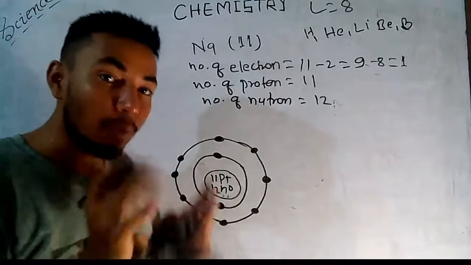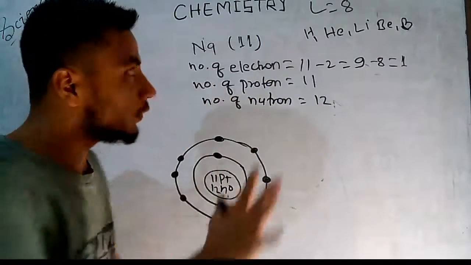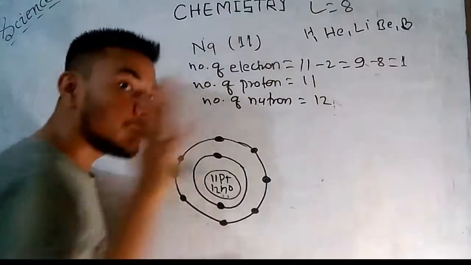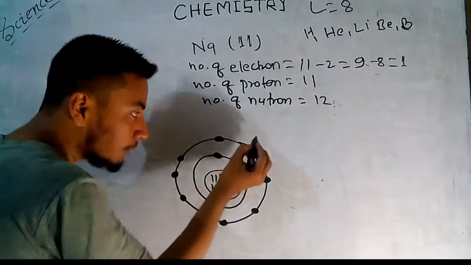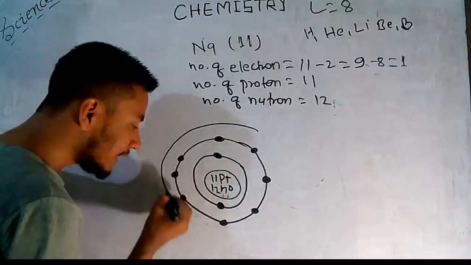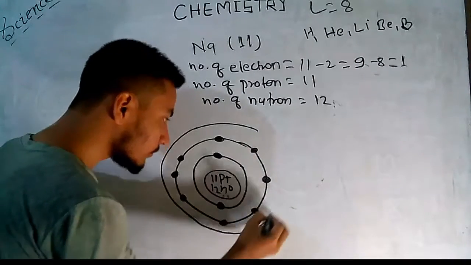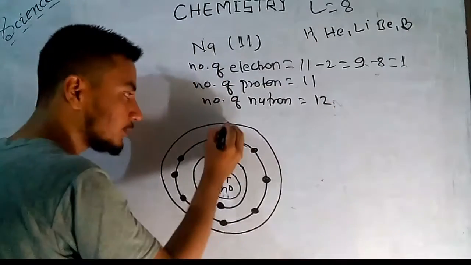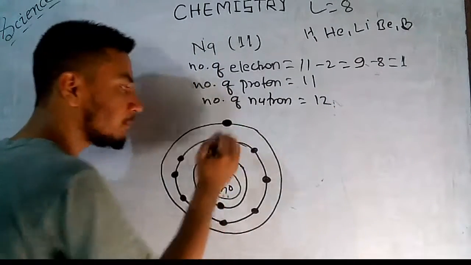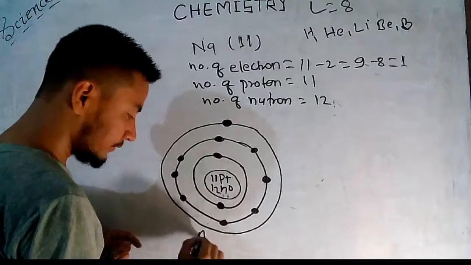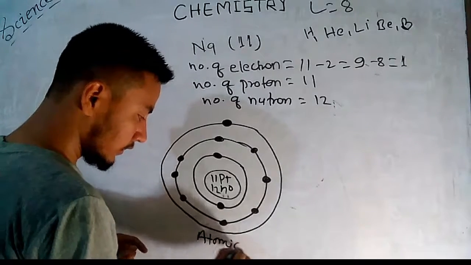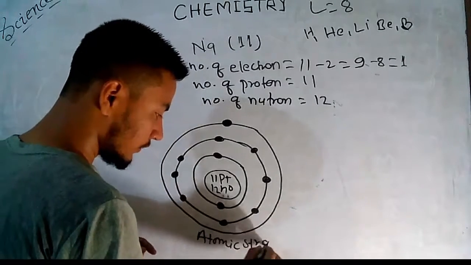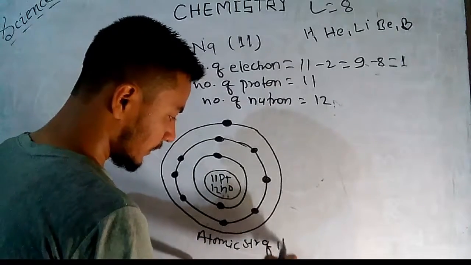So we have to draw one more extra shell, because we know the L shell only holds 8 electrons. So how many electrons are left here? That is 1 electron. So this is the atomic structure of sodium.